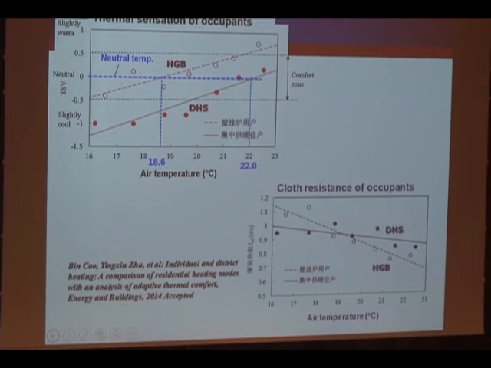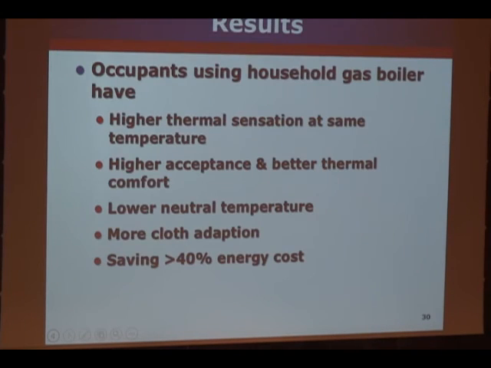And the clothing-resistant occupants with individual control change more. But this one compares the same clothing. So the result shows occupants who use a household gas boiler with individual control have higher thermal sensation at the same temperature, high acceptance, better thermal comfort, lower neutral temperature, and less energy consumption.